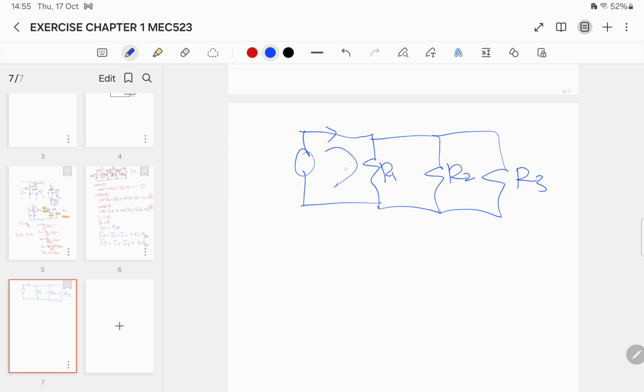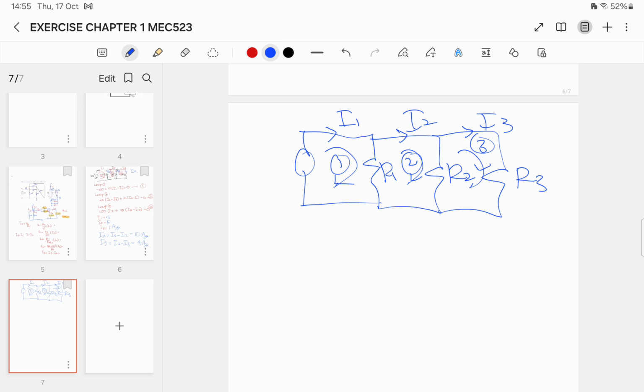Sini is loop 2, loop 3. So sini is I1, sini is I2, here is I3. Siapa yang belum faham on the KVL, kenapa I2 tolak I1, I2 tolak I3?